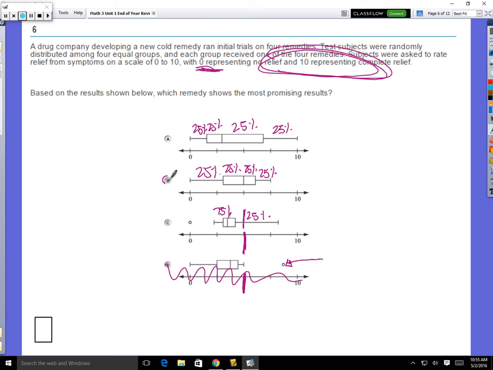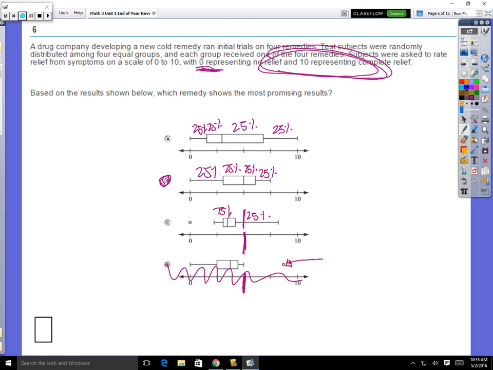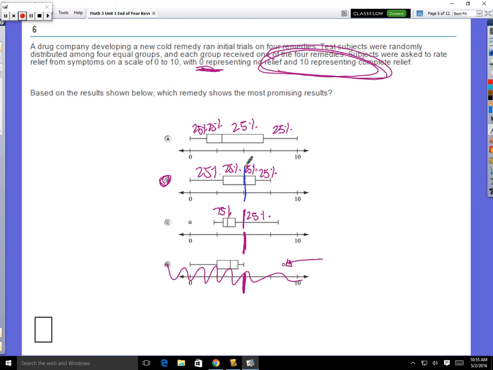I think probably B is the most promising, because check out B. Here's your average, and you're capturing about 50% of the patients saying it was effective. And C, you're not capturing even a quarter. D, you capture nobody. A, you capture a fourth, and then maybe a half of that fourth. So B is where you're capturing most of the data that says it's good.